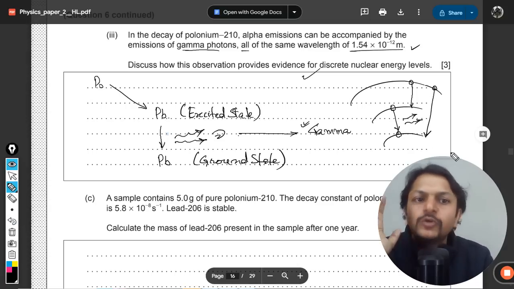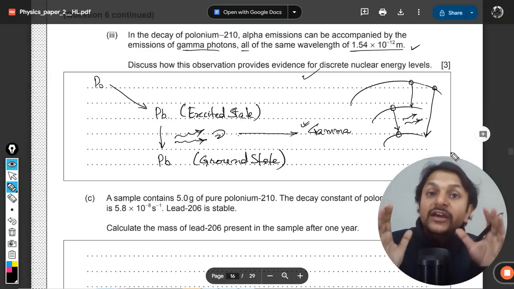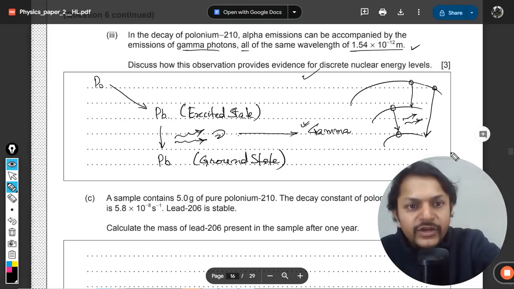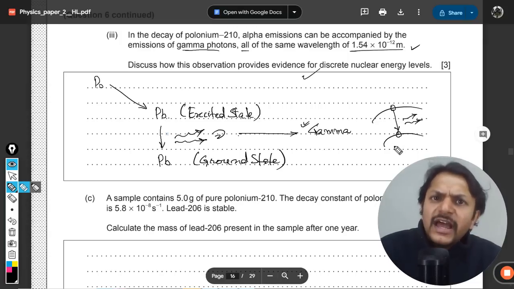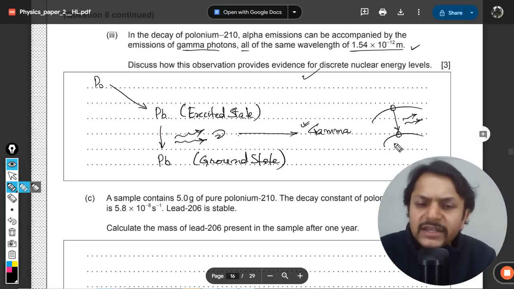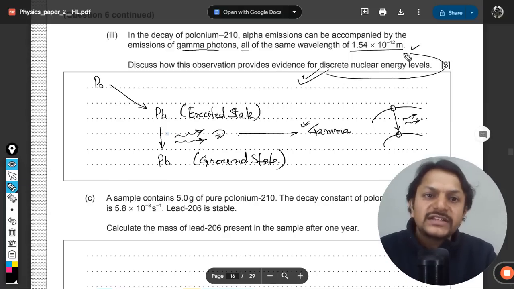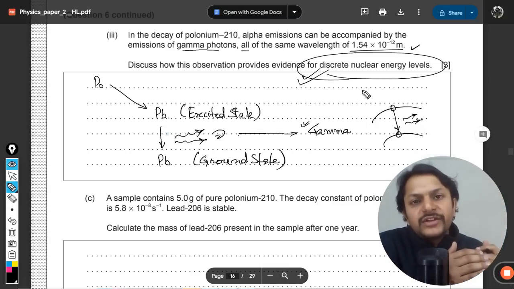So there would be three different types of gamma radiation in the spectrum, but that is not the case. It means that in this particular case there are only two shells, and that is why there is one particular frequency. And that is why we can say that this is the evidence of the discrete nuclear energy levels, and it might be that the proton is also making the transitions.